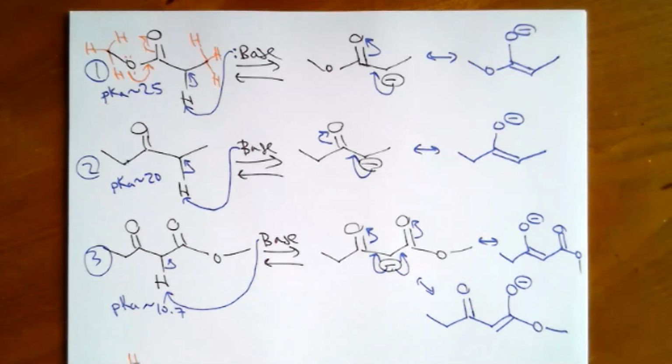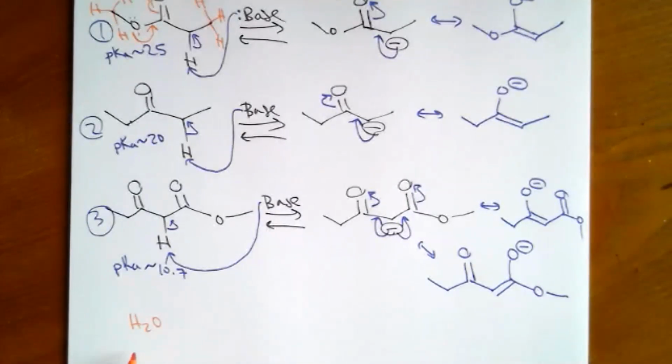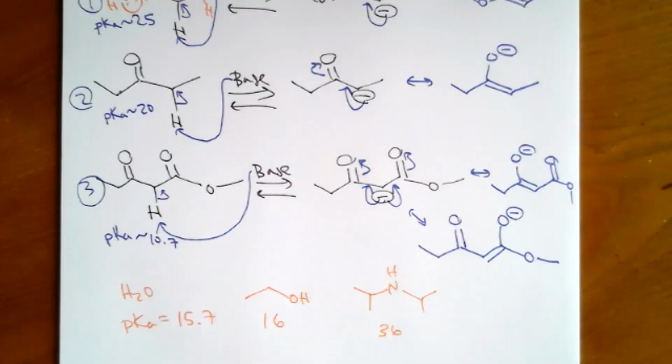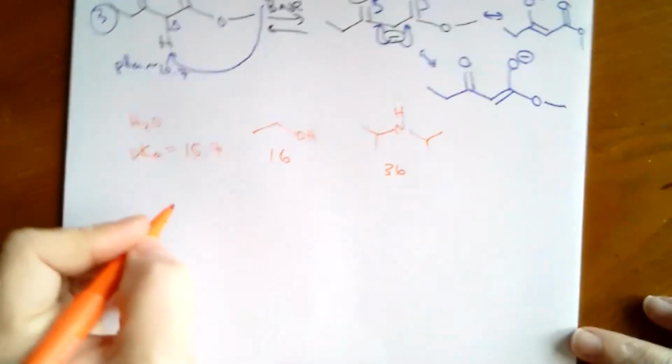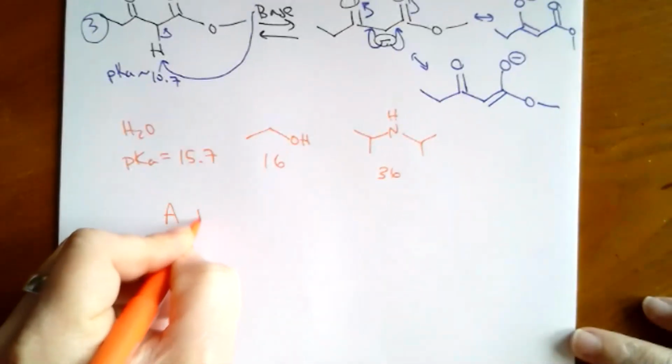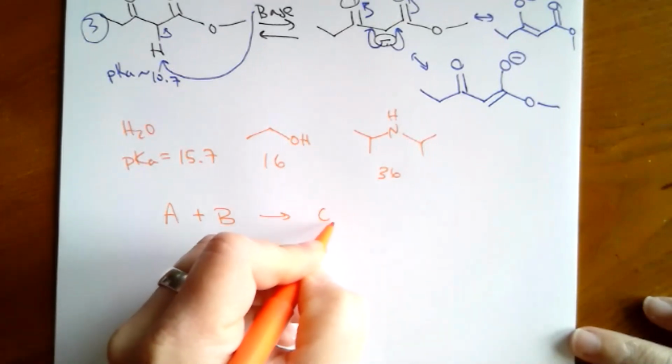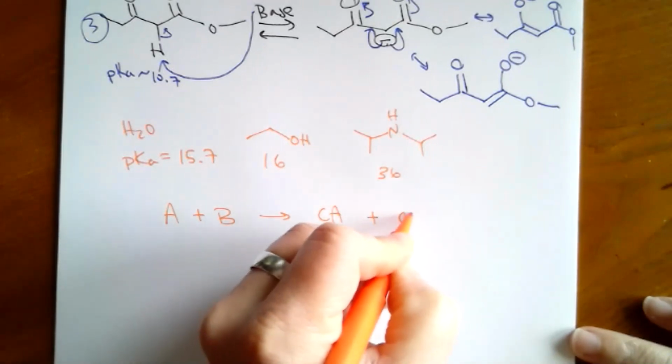So that's where the slide has more information to tell you that water has a pKa of 15.7. Ethanol has a pKa of 16. And this guy, whoever this guy is, has a pKa of 36. So if you remember, if you have an acid plus base, that's going to yield a conjugate acid and a conjugate base.